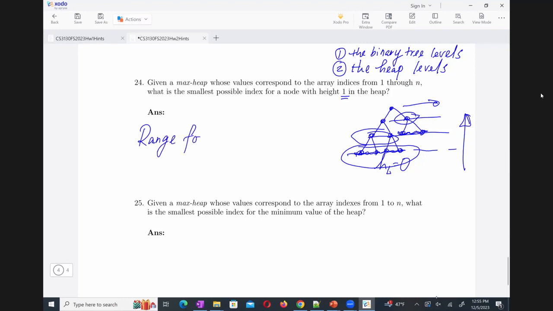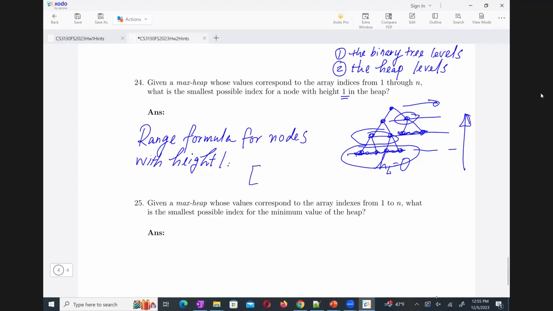Range formula for nodes with height 1. Do you know that range formula for height 1? The formula, the range. Okay?